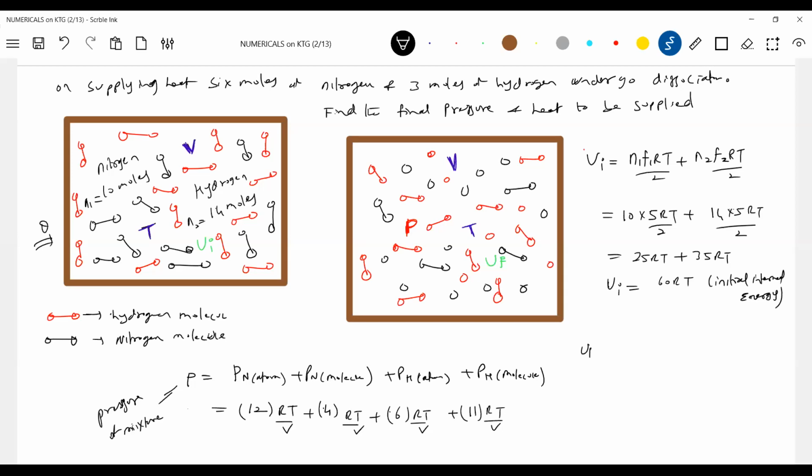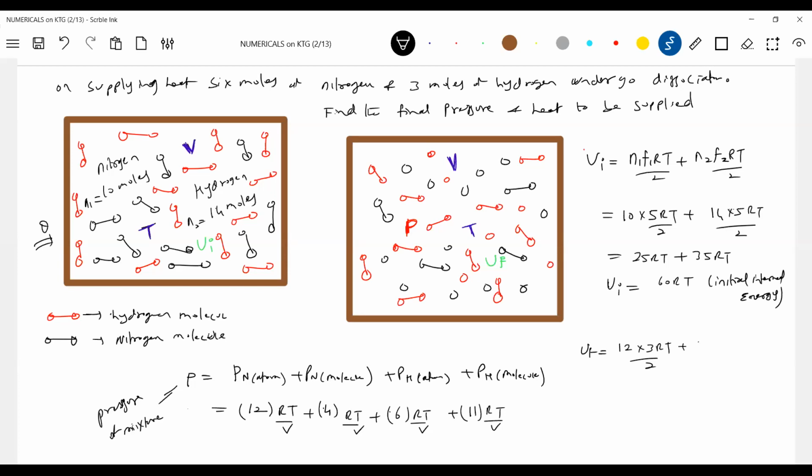No, final internal energy, how much should it be? I can't write it directly, let me write. Number of moles of nitrogen atoms is 12, degree of freedom 3, so 3RT.